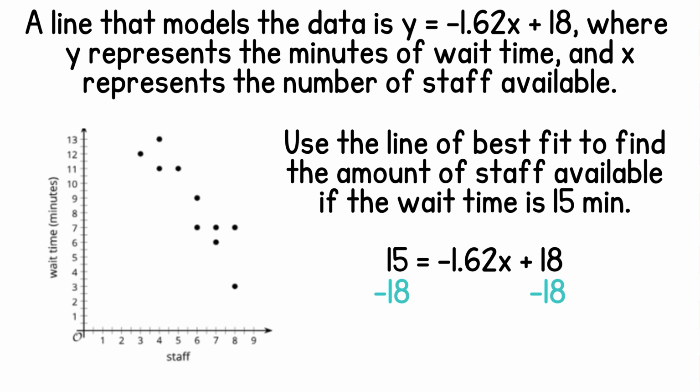We'll start by subtracting 18 from both sides. This gives us negative 3 is equal to negative 1.62x. Now we'll divide by the coefficient of x to get it by itself. This gives us x is equal to 1.85. So this means that there were about 1 to 2 staff available if the wait time was 15 minutes.